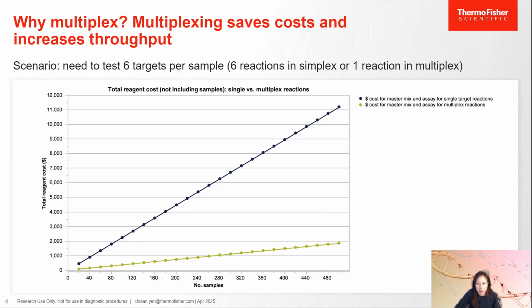As you can see, with the increasing number of samples, the cost dramatically increases for the single target workflow. And this really becomes a lot more obvious, right, as the number of samples increase. So this shows us that multiplexing saves costs while increasing sample throughput as well.